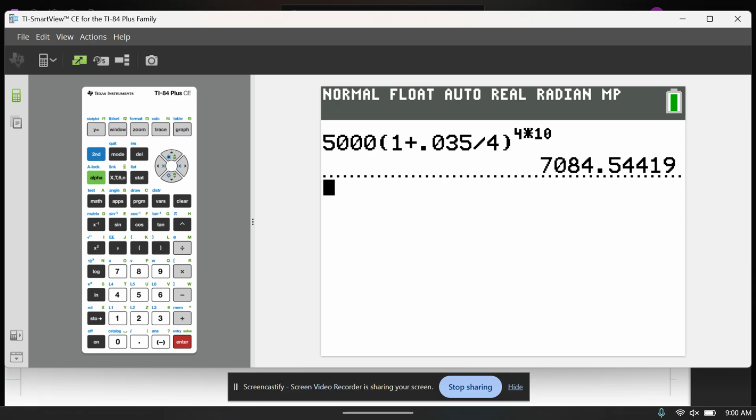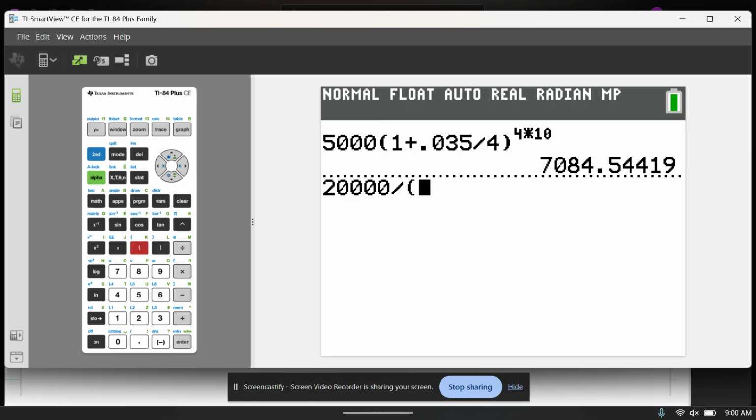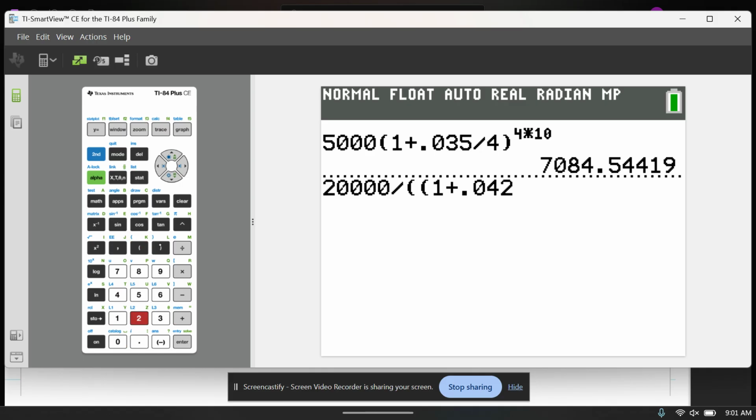So I'm going to put 20,000 divided by, and then I'm going to put parentheses, and I'm going to do a double set of parentheses there, because I need that 96 to be in the parentheses for the bottom.